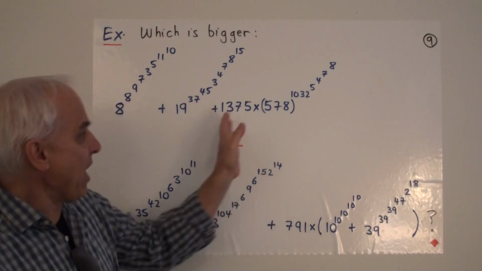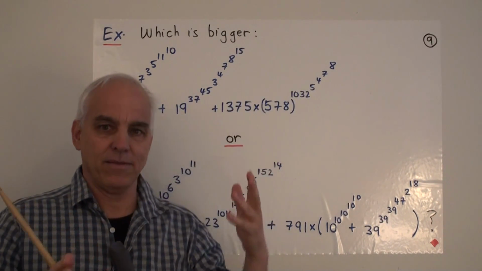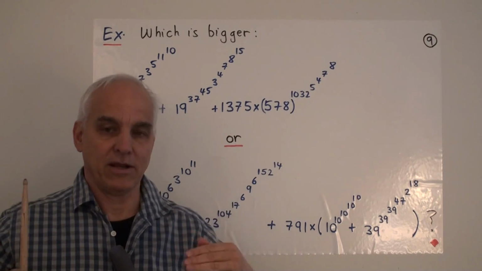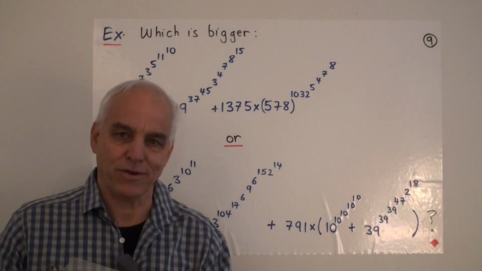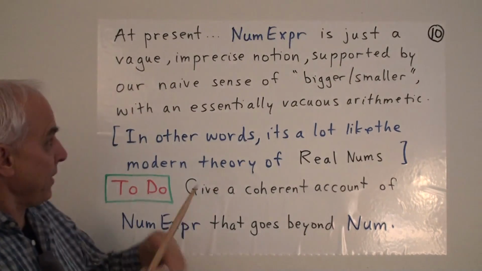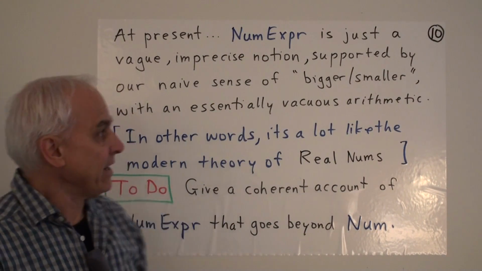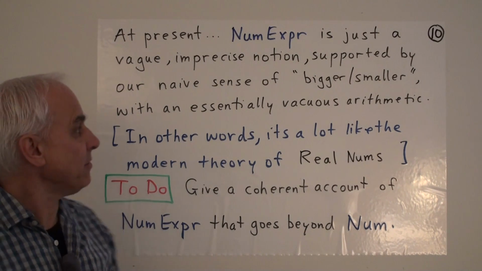So we write down things like this and we have a sort of sense of what we're talking about, but that sense actually is not really supported very clearly by anything other than a rough intuition. So currently our aim to build a coherent system of arithmetical expressions is not very far off the ground, to be honest.